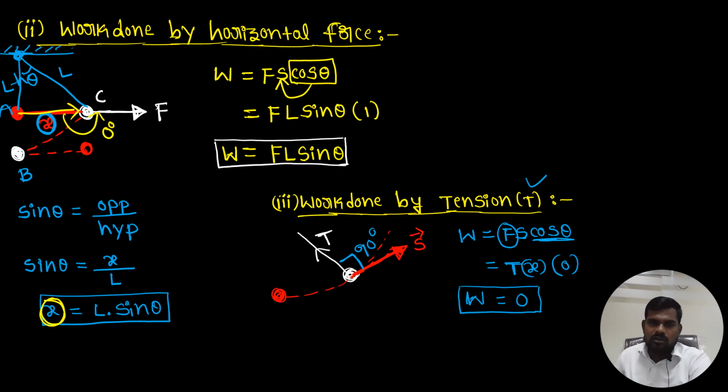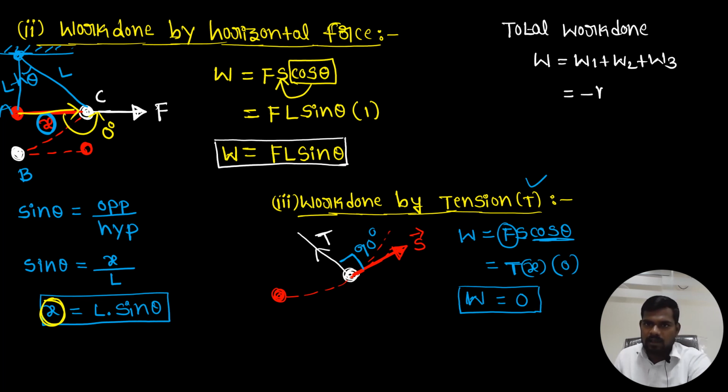Okay. So if you want the final work done, you can take the total work done in this case. Total work done W is equal to W1 plus W2 plus W3, the total of the three forces. The first one I found is minus mgL into (1 minus cos theta), plus the second one, FL sin theta, and the third one will be 0.